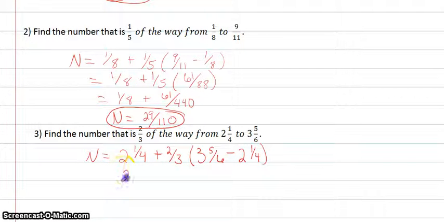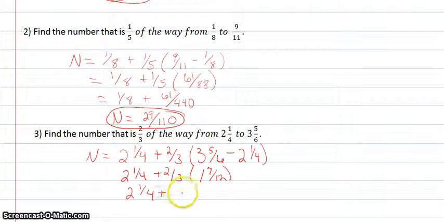Okay, so 2 1/4 plus 2/3 times, and that's 1 7/12. Then I have 2 1/4 plus, if I multiply those together, I get 1 1/18.